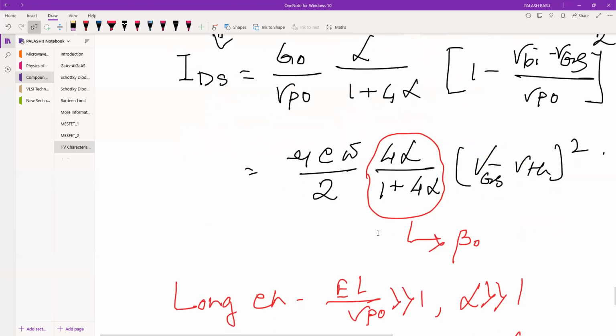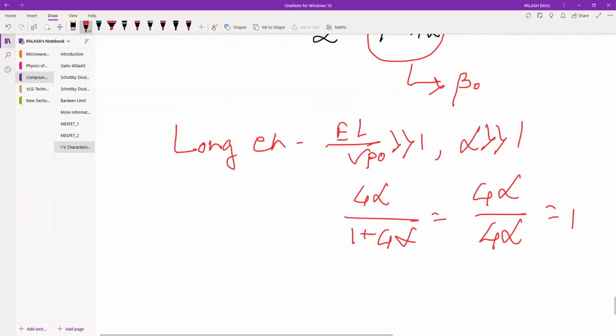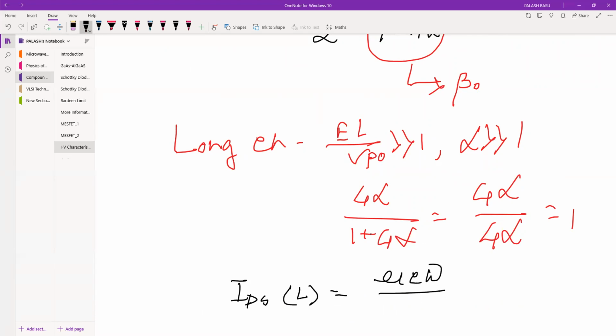So in this case, your IDS is exactly coming back to this formula. IDS for long channel is equal to mu C W by 2L VGS minus V threshold. Exactly what we have got.